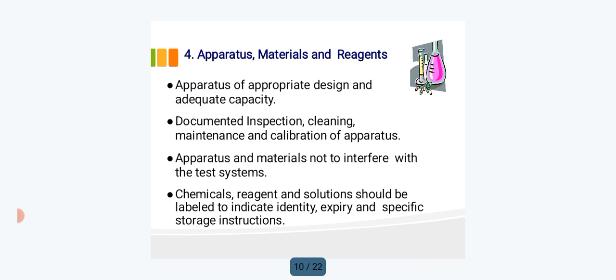Apparatus of appropriate design and adequate capacity, with documented inspection, cleaning, maintenance and calibration. Apparatus and materials should not interfere with the test system. Chemicals, reagents and solutions should be labeled to indicate identity, expiry and specific storage instructions.